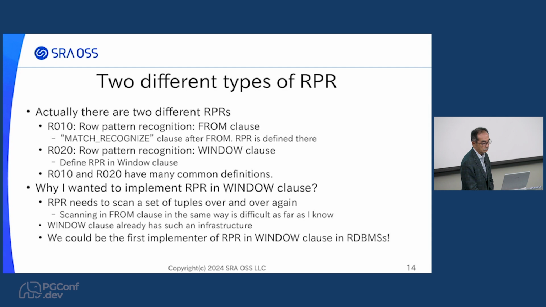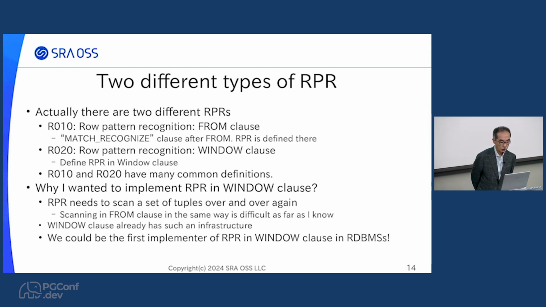Okay, next we move to a different topic. In the standard, actually there are 2 types of RPR. The first one is called R010, which implements row pattern recognition in the from clause using the new match recognize clause. And another one is R020, that we are discussing.